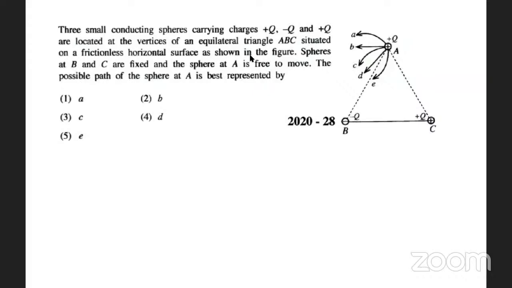Spheres at B and C are fixed, so they will not be moving even though a force is acting. Let's say they are fixed with nails or something. But A is free to move. The possible path of sphere A is best represented by, right?